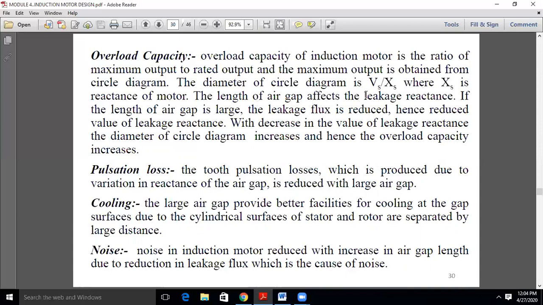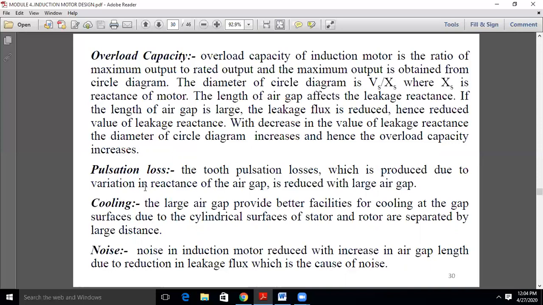If the length of air gap is large, the leakage flux is reduced, hence a reduced value of leakage reactance. With a decrease in leakage reactance, the diameter of the circle diagram increases, and hence the overload capacity increases. So this is the effect of a large air gap length.